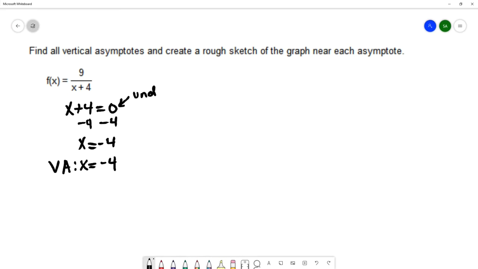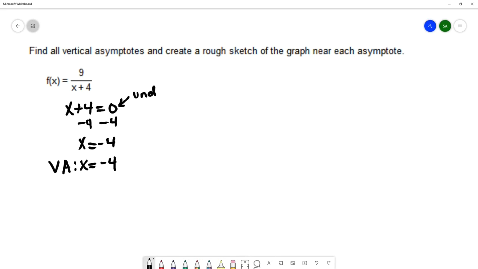That's true as long as you have written that function in lowest terms, because there's another type of spot where the function is undefined called a hole in the graph or a removable discontinuity. Those can happen if your function isn't in lowest terms. So we know that this is a vertical asymptote because that function was in lowest terms.